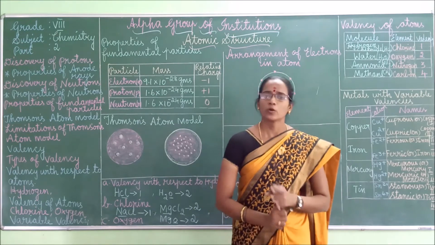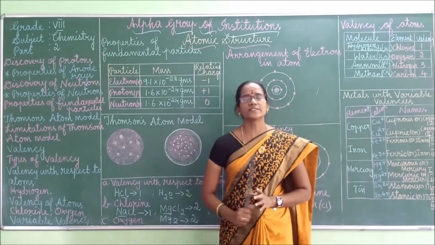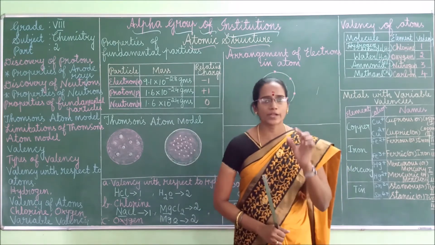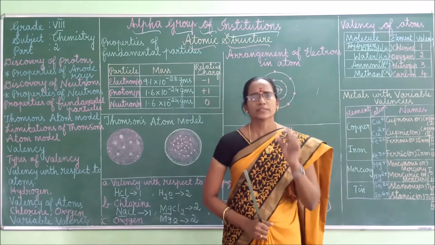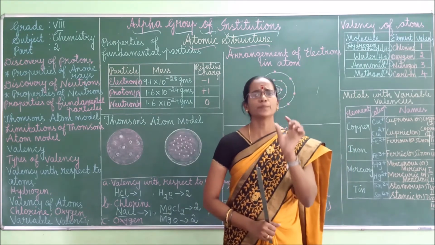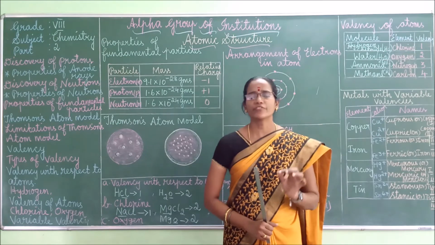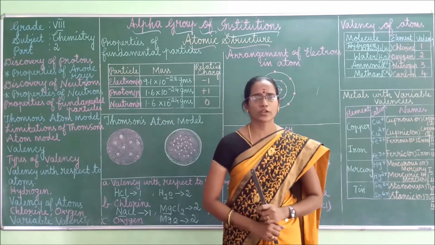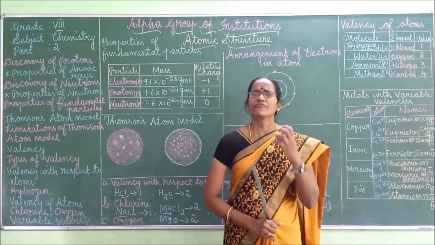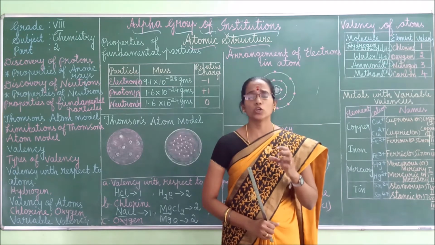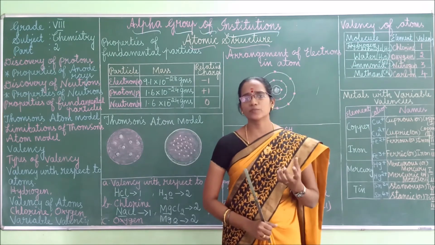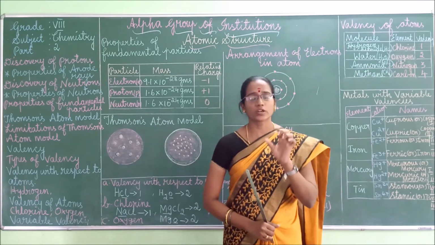Got it, children? Once again I repeat. Goldstein conducted an experiment by using the discharge tube with a perforated cathode. Perforated means small openings. He observed a faint luminous red glow. Luminous means it shines even in the dark.